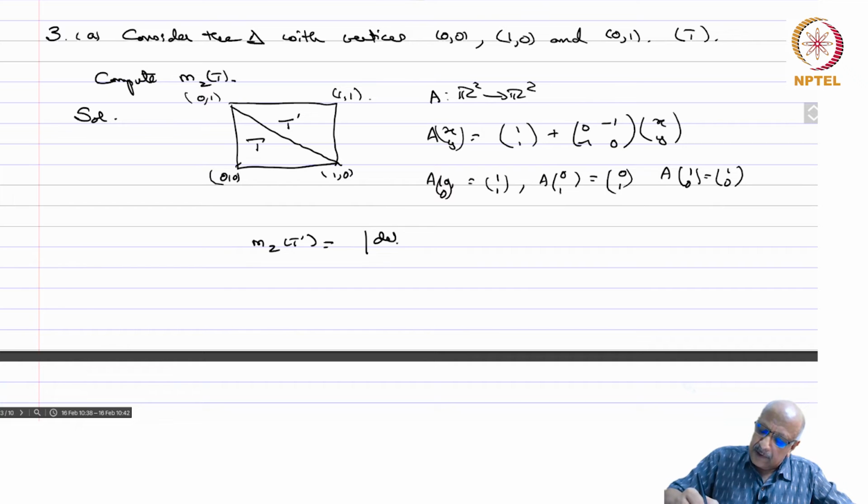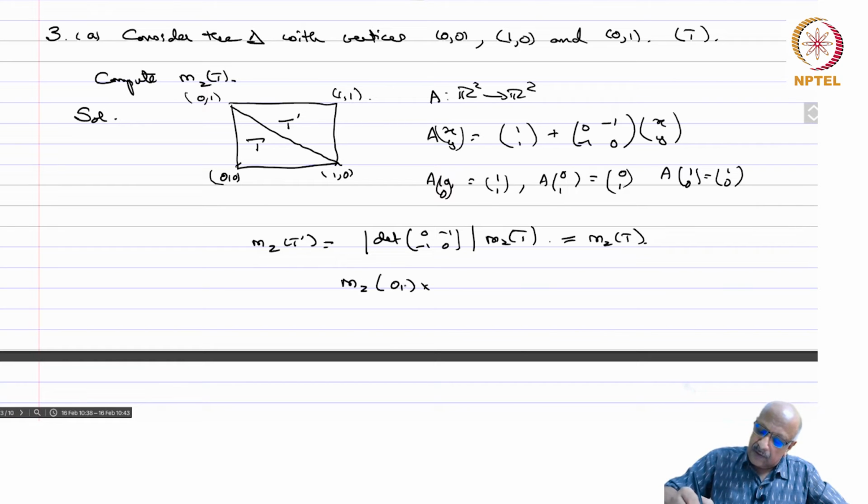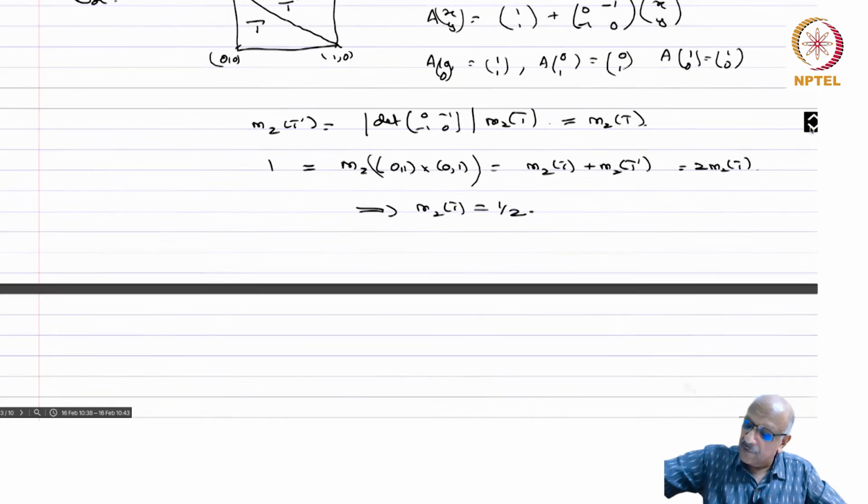So modulus of determinant of [[0,-1],[-1,0]] times M2 of T is equal to M2 of T. And then this single line is a one-dimensional thing, so you know its measure is 0, and therefore we have M2 of the square [0,1] cross [0,1], which is 1, is equal to M2 of T plus M2 of T dash equals 2 times M2 of T. So this implies that M2 of T equals 1/2. So this is a formal proof of this.